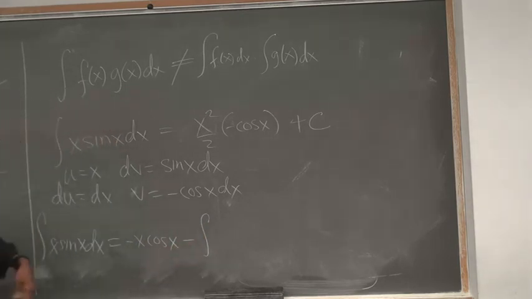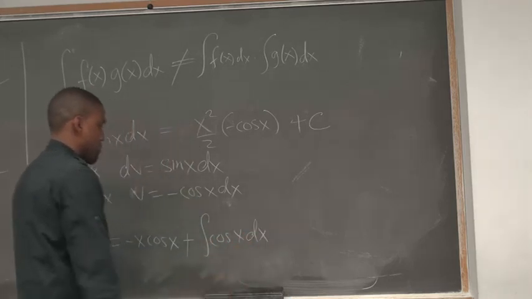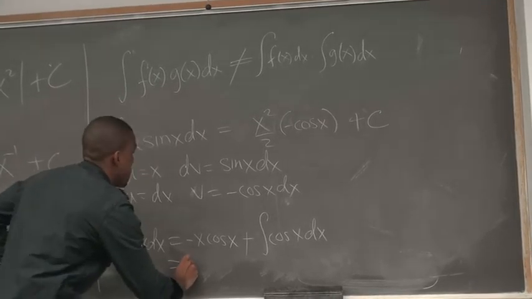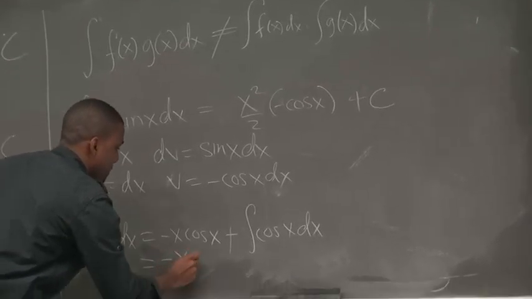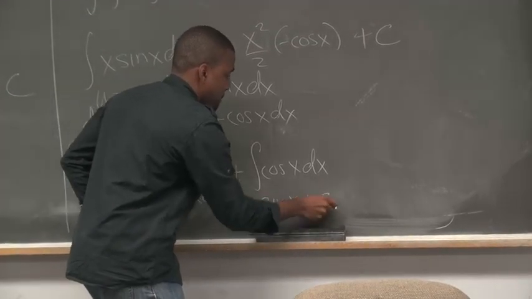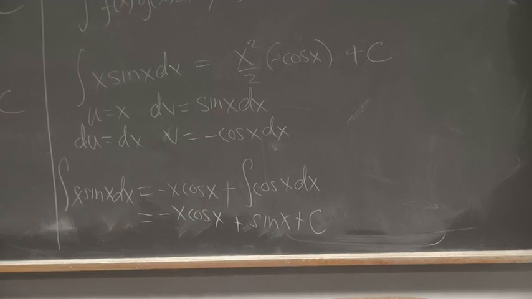Minus the integral of v times du. The negative here will make this a plus, so that's cosine x dx. And so this will be what? Right? That's how you actually integrate products.